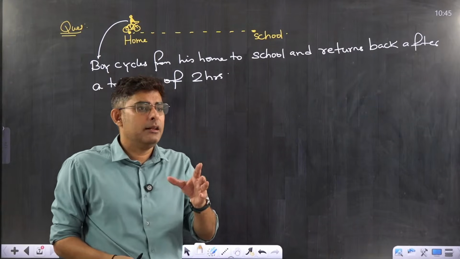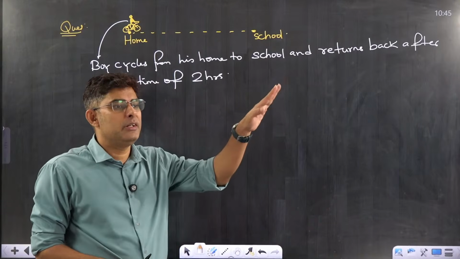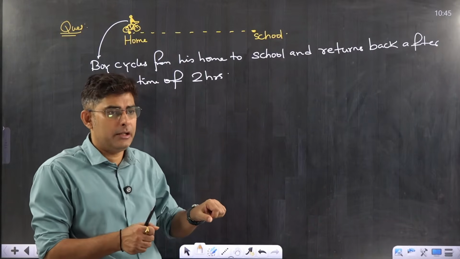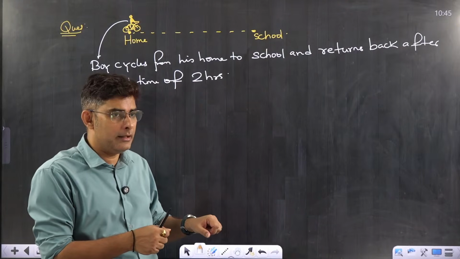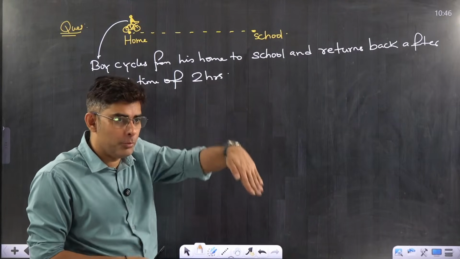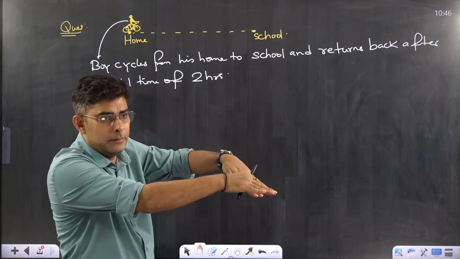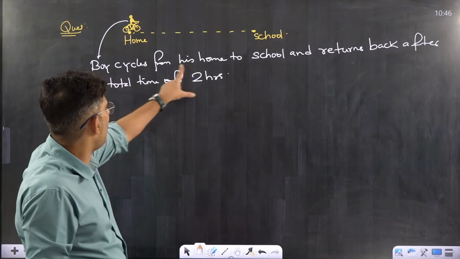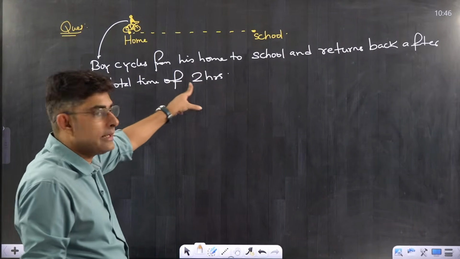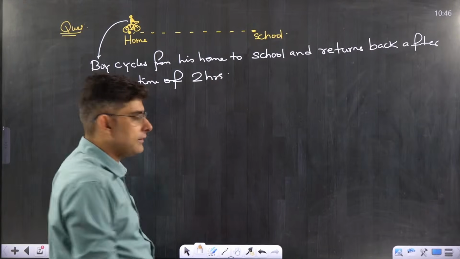Now when you will cycle, when you go uphill, you will find a lot of difficulty in riding the cycle. But when it is a downhill slope, you will move faster. So that is the catch over here. The boy cycles from home to school and returns back in a total time of 2 hours.